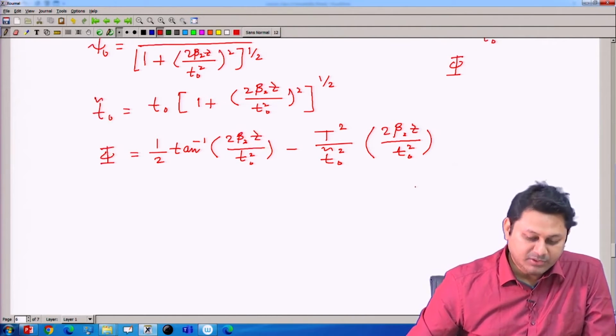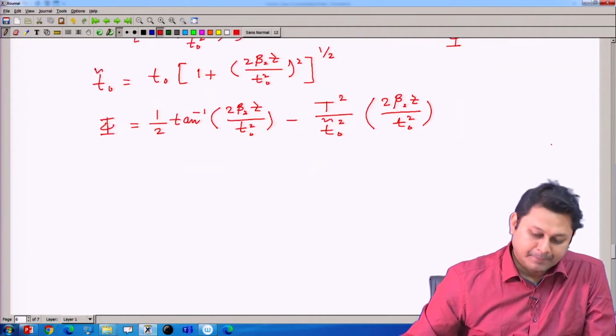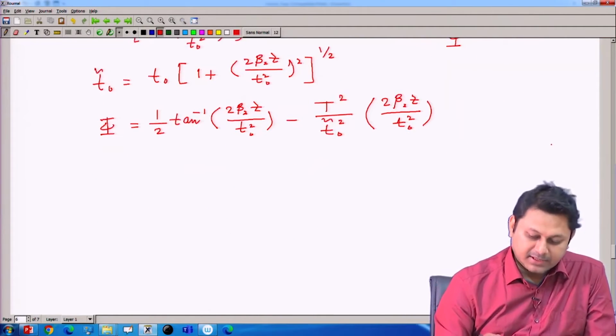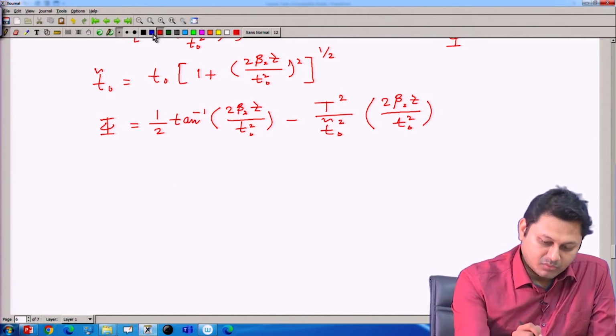The important thing that you need to note is that when beta 2 equals 0, there will be no change of the pulse at all. But you may remember there are three conditions of beta 2.